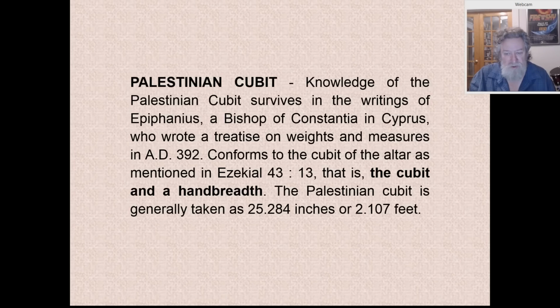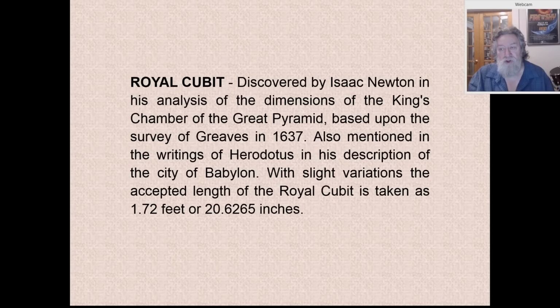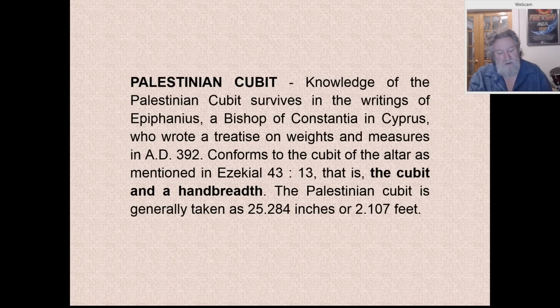Well, let's recall that the remen was 1.2165. So again, take your calculator now, put in 2.107, the length in feet of the Palestinian cubit, which would have been used up to 1,000 years later than the Egyptian remen and royal cubit.